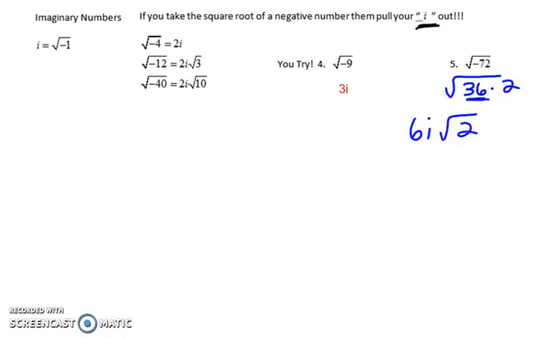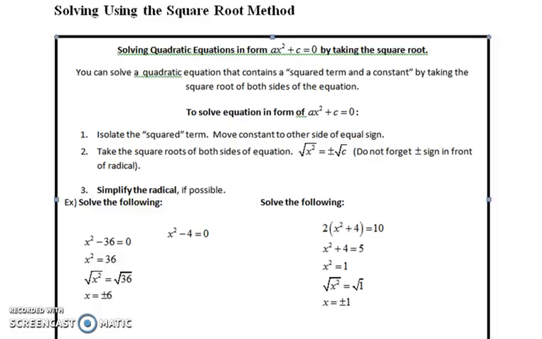Now let's solve using the square root method. So your steps, in terms of solving, you're always going to want to isolate the squared term, whether it's x squared or it's the quantity squared. And when you take the square root of both sides, it's important that you remember to do plus or minus.